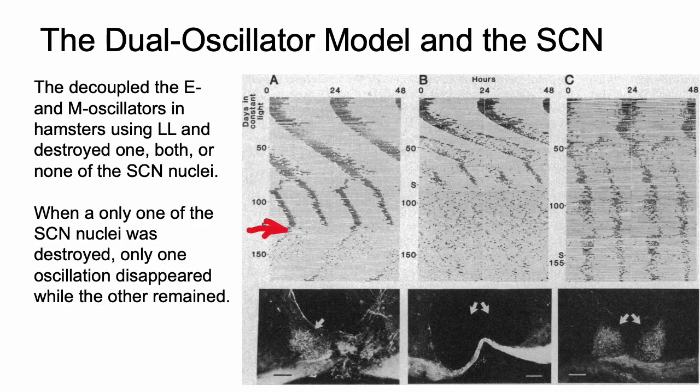And the most interesting thing here is in hamsters where they destroyed only half of the SCN, only one nucleus, they see a correspondence where only one of the decoupled oscillations disappeared, whereas the other one persisted, which is what you can see here in figure A.